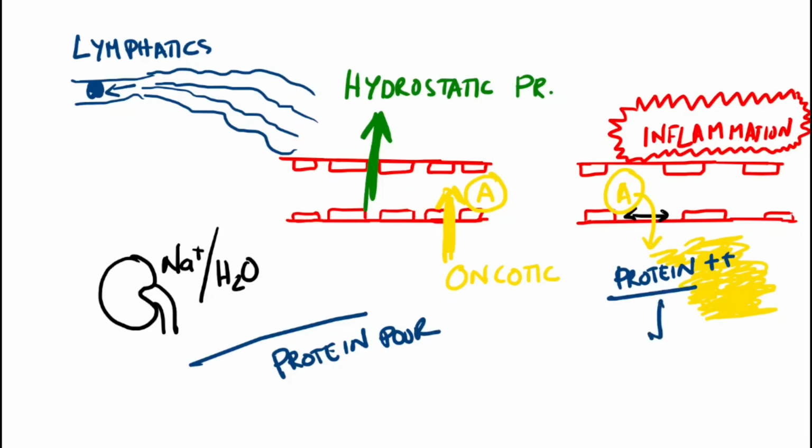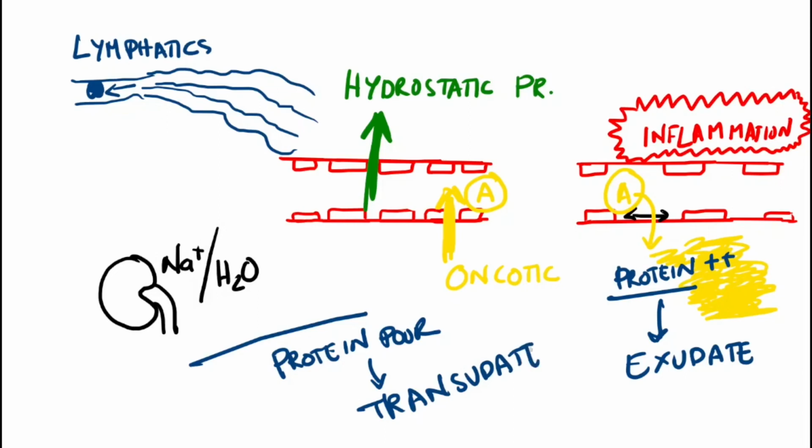This protein rich fluid is called exudate, while the protein poor clear fluid is called transudate. Inflammation produces cloudy, protein rich exudate, while increased hydrostatic pressure, decreased oncotic pressure, retention of sodium and water, or obstruction of lymphatics all cause protein poor transudate.